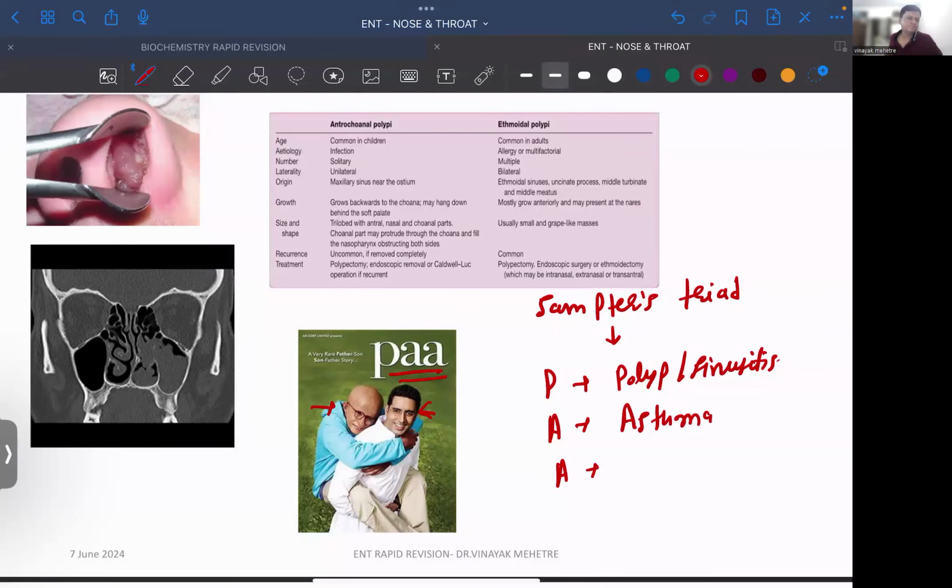Very good question. Intolerance means what? Aspirin allergy, that means aspirin insensitivity, right?